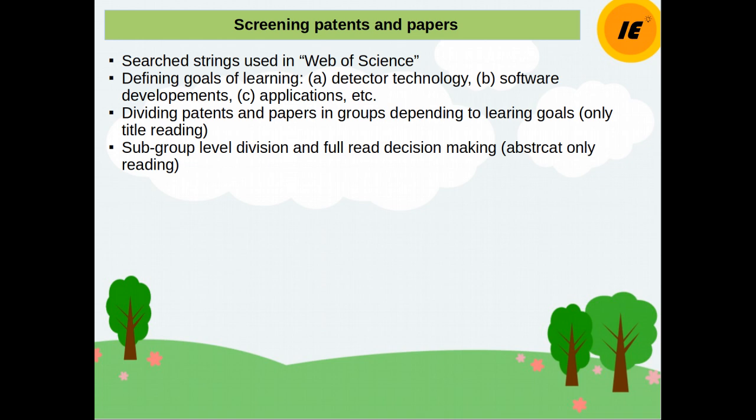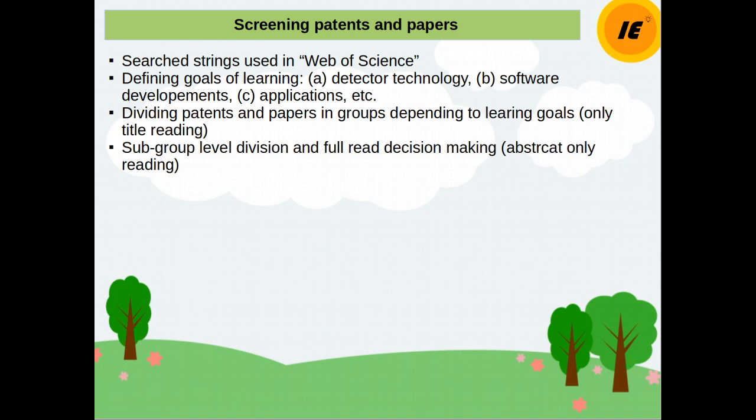The idea here is to read the abstract, try to understand the content, and very importantly, decide whether you want to read this particular document, patent or paper, fully or not. Maybe you can have a separate document where, from the abstract itself, you quickly type what the document is about and decide that it is good to read fully.